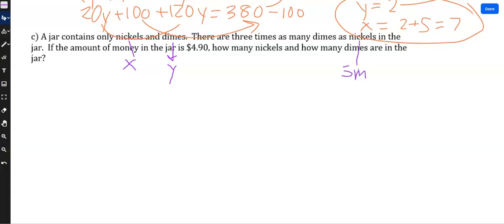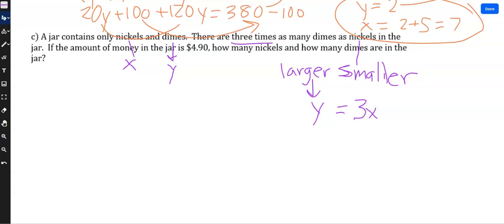So the smaller group is the nickels. And we're going to do something 3 times to get the larger group. Smaller group times 3 gets me the larger group.